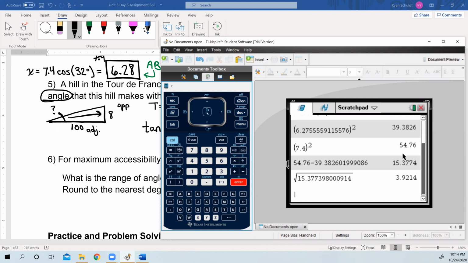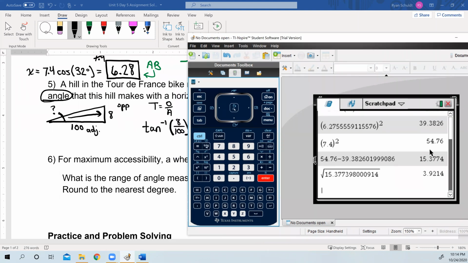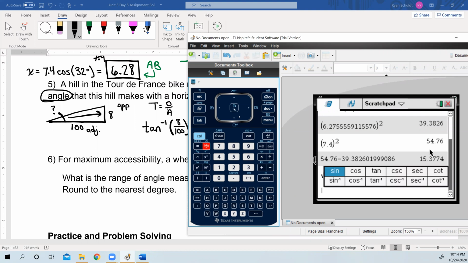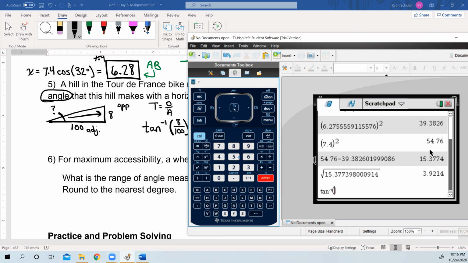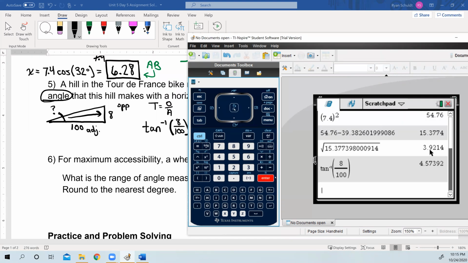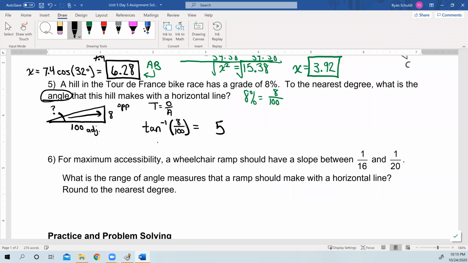So do tangent inverse of eight divided by 100. 4.57, but it says to the nearest degree, so whole number. That would be 5 degrees.